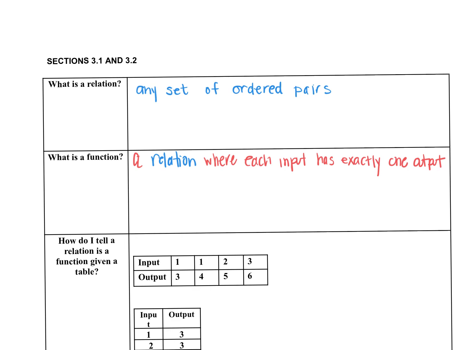Over the last few class periods, we've been talking about relations, and we defined a relation as any set of ordered pairs. So if I were to now create a relation, let's say I'm going to use the following ordered pairs: (2, 1), (3, -2), (2, 4), and (0, -2).